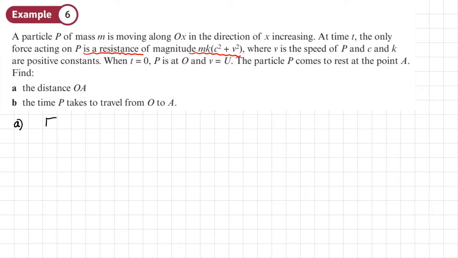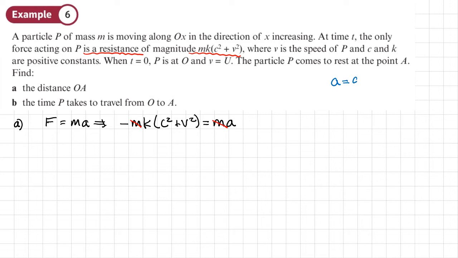So we start with F equals ma. We write down the force, which is negative mk since it's a resistive force, c squared plus v squared, is equal to ma. We can cancel out the m's on both sides. And then we need to think, what am I going to replace a with?